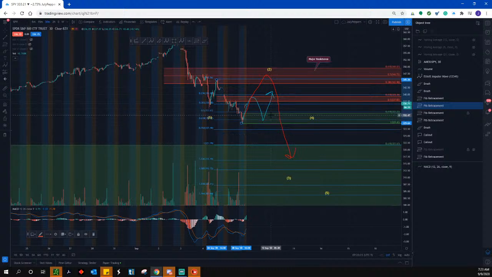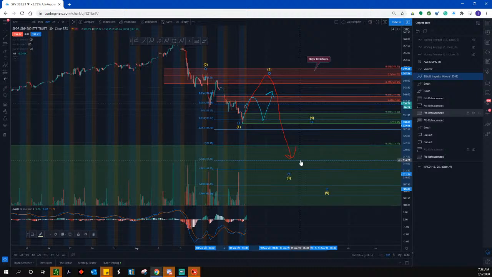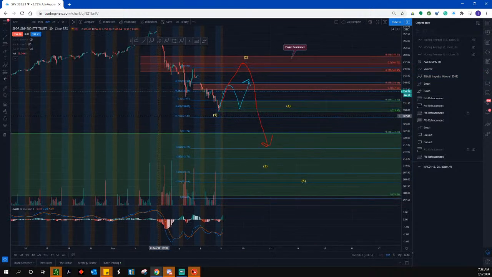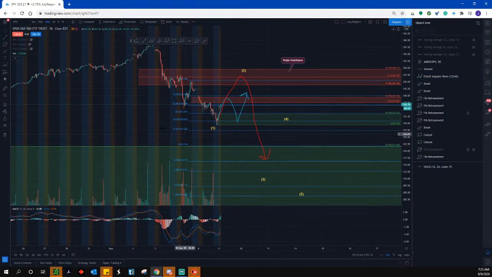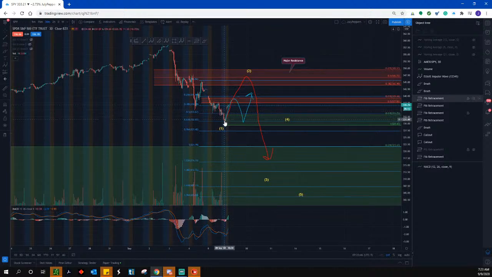But again, it's hard because I've got this up here that I'm looking at. Let me move this one. This could be your 1. This could be a 1, 2 down. Remember, I need a 1, 2 in order to draw out my analysis for this move down.